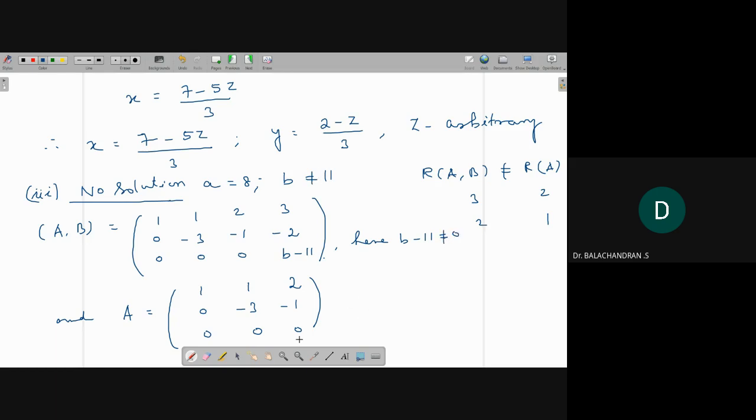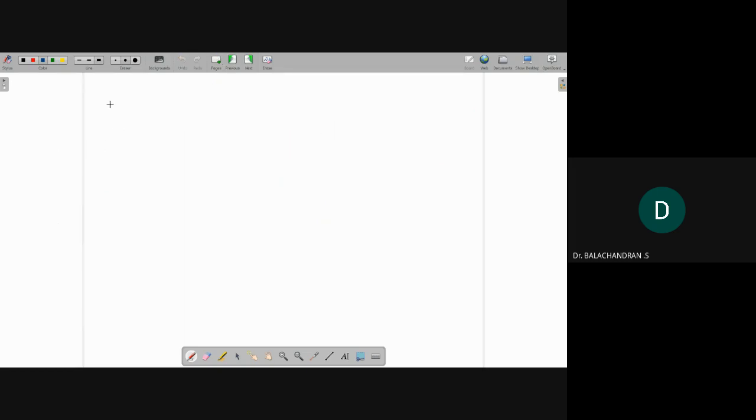So therefore, rank of (A, B) is 3, rank of A is 2. So this implies they are not equal.